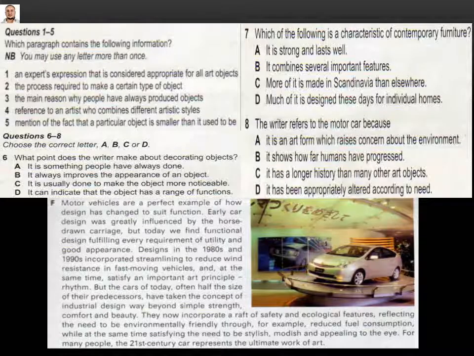Of their predecessors, have taken the concept of industrial design way beyond simple strength, comfort and beauty.